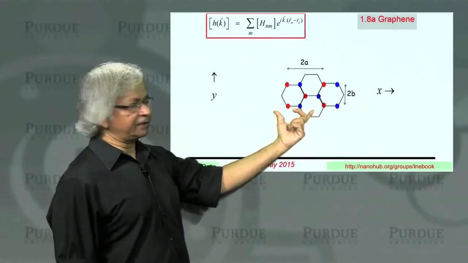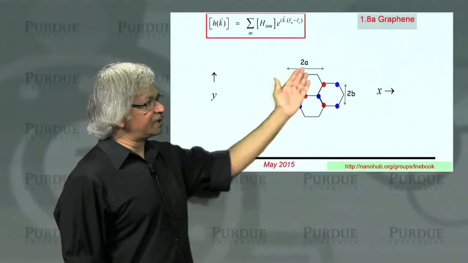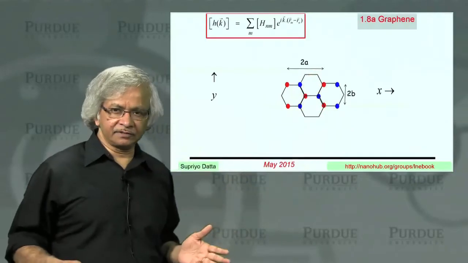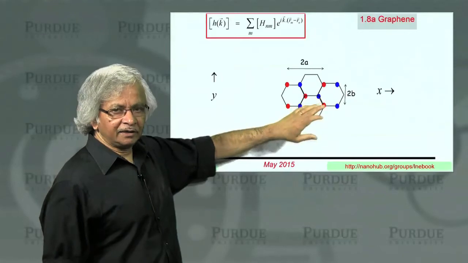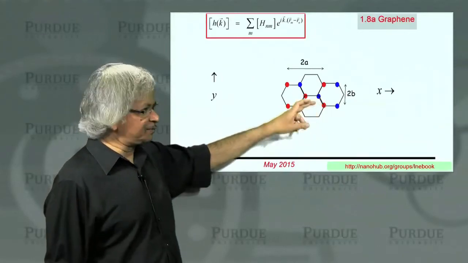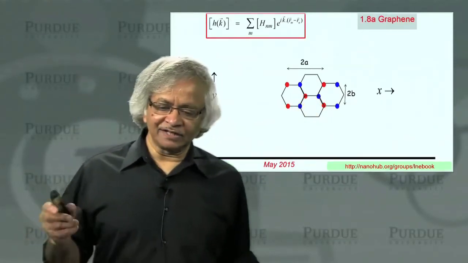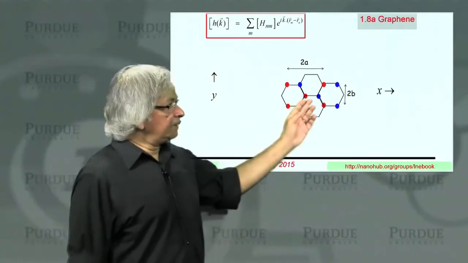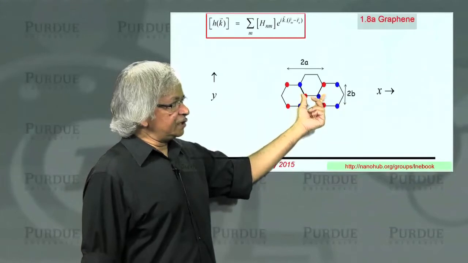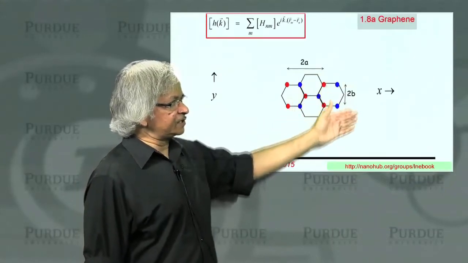And what you have here then is this 2-dimensional array of carbon atoms. So here I've shown this red and blue, but they're actually all carbon atoms, and I'll explain in a minute why I've drawn some as red and some as blue. We'll get to that. But what I've shown here is a unit cell and its surroundings.